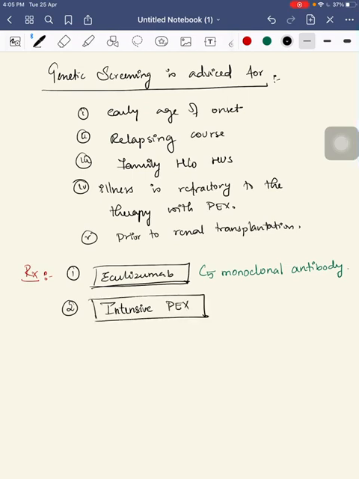Since this is very costly and not available in India, the treatment of choice for us is intensive plasma exchange. Intensive plasma exchange is the only alternative for us.